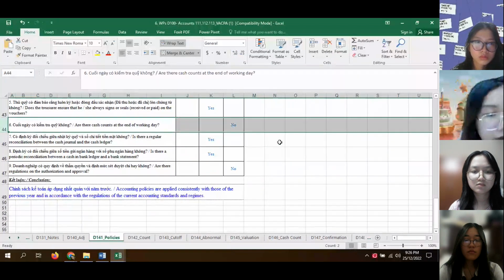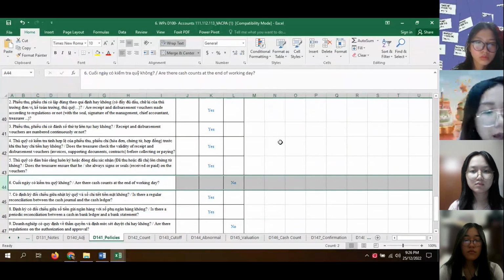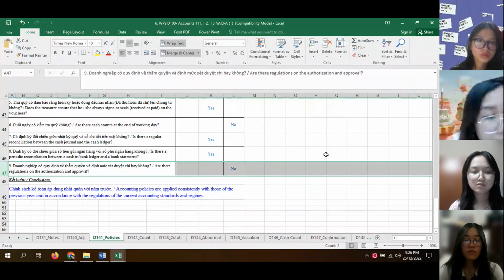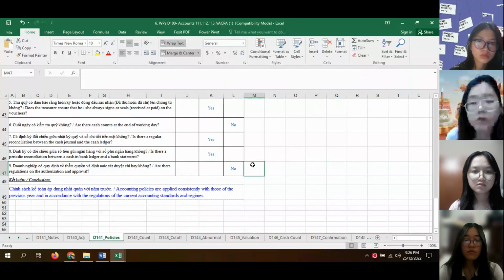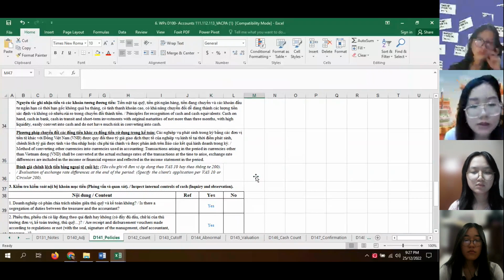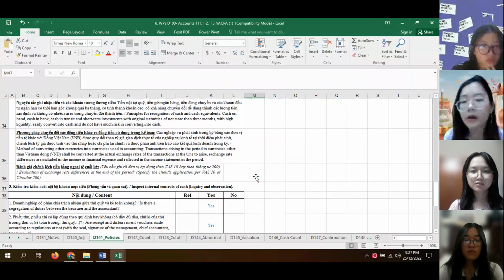As you can see, the first problem is: are there cash counts at the end of working day? There are no cash counts. The second is, are there any regulations on the authorization and approval? There are none. That means, as you can see from the title, the internal control of cash is not really good enough, and I think that they have to improve more because that could cause fraud.